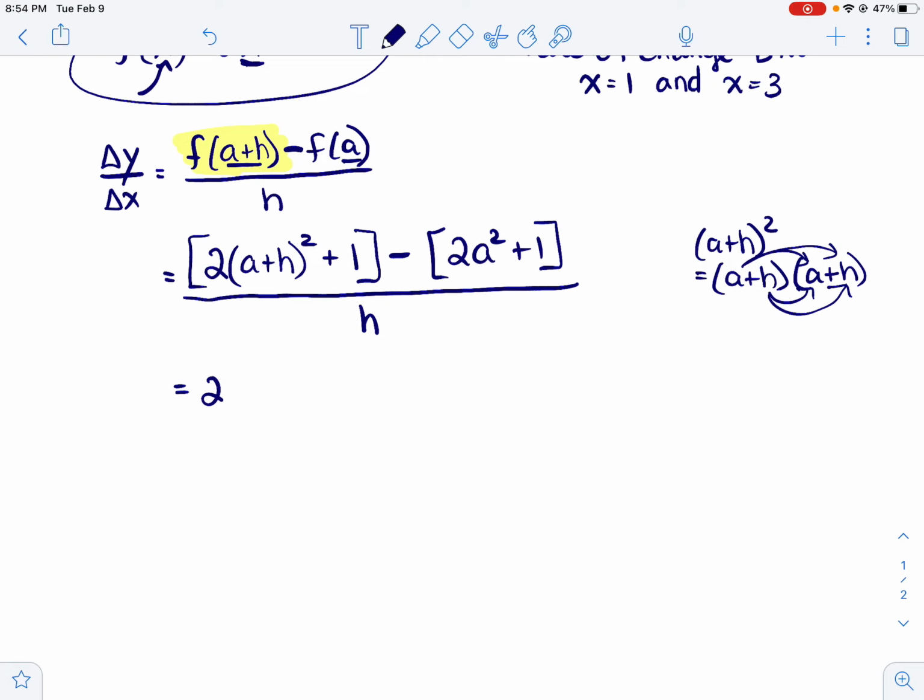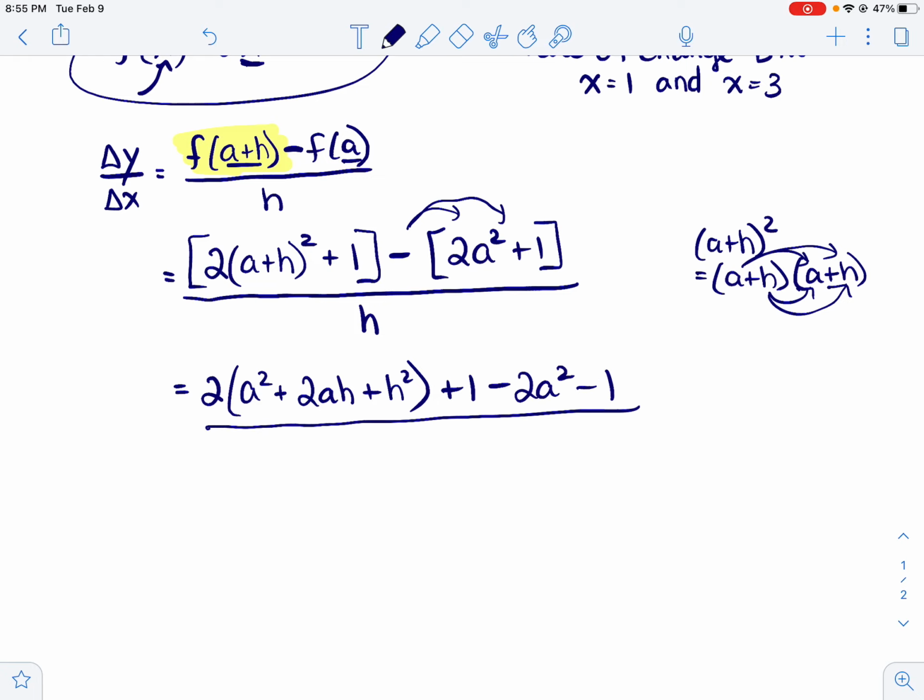So that expands out to a squared plus 2ah plus h squared. And then I have plus 1. And then I'm going to get rid of my square brackets, so I have to distribute the negative throughout that bracket. So it would be minus 2a squared minus 1. And then the whole thing is divided by h.